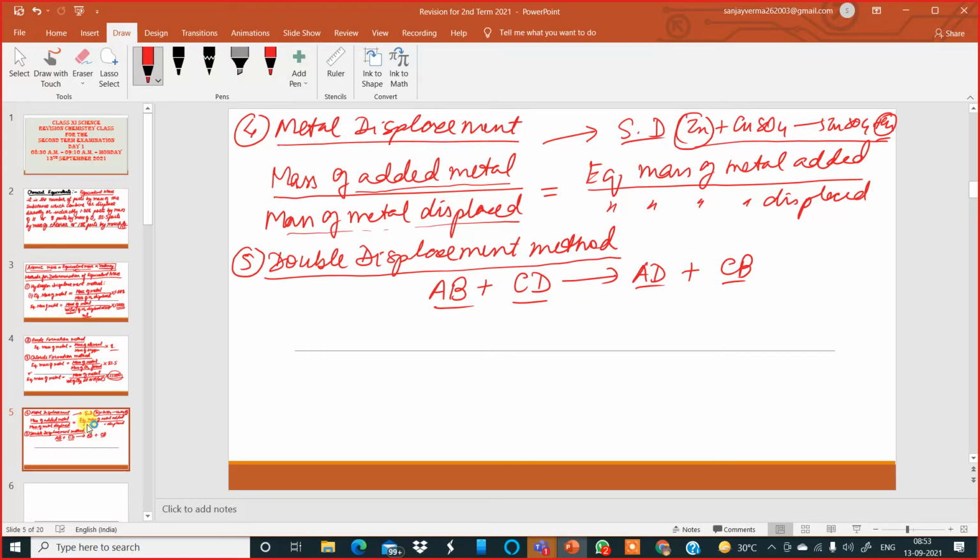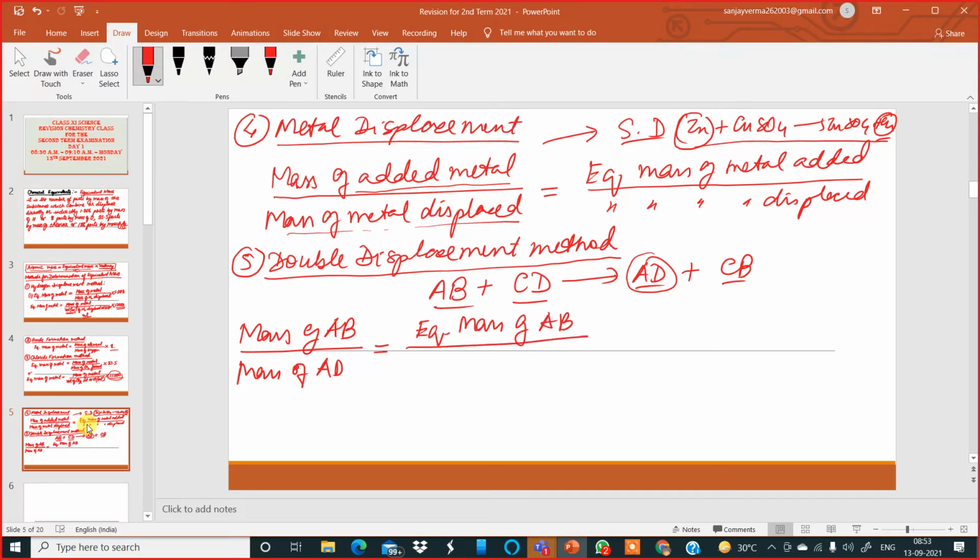The formula goes like this: mass of AB divided by mass of AD is equal to equivalent mass of AB divided by equivalent mass of AD. This can be further broken up into the different parts present in the reactants and products.